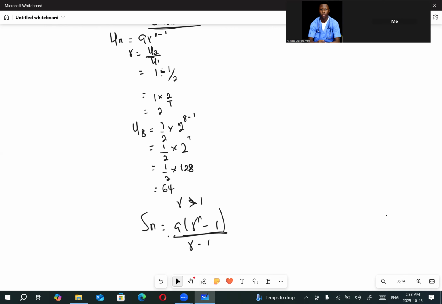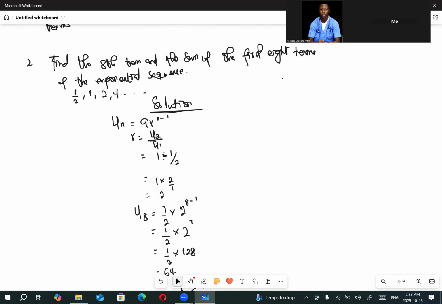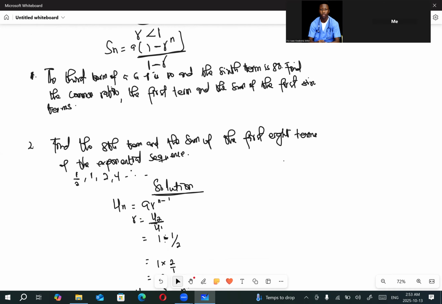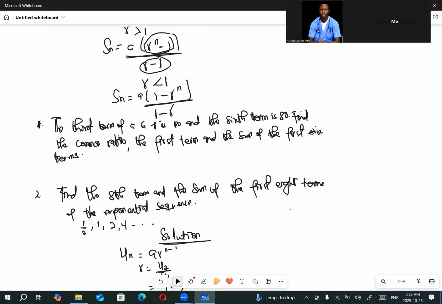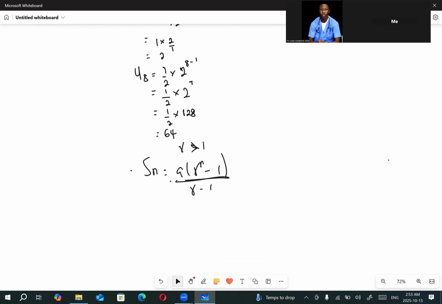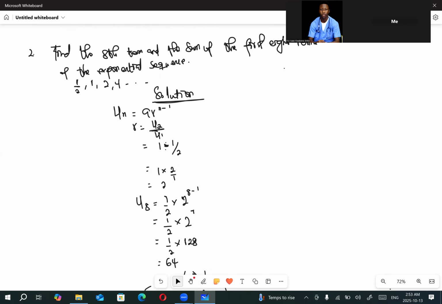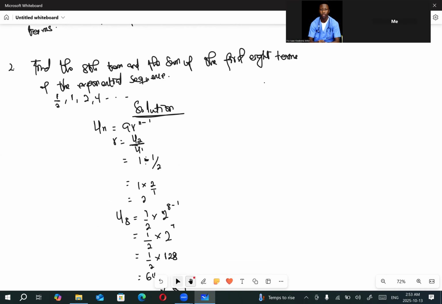Let's pull up the formula to see if we did the right thing. But what are we asked to find? The sum of the first 8 terms.